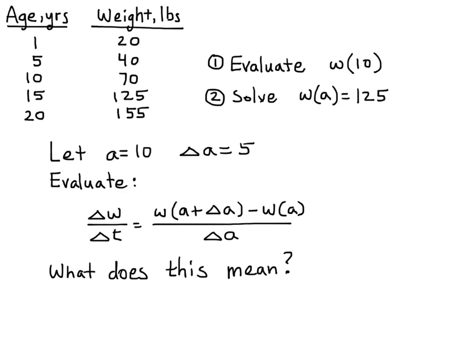So what does this mean when we say delta w over delta t? Well, if we look at a plus delta a, we're looking at a second value of the age. So if a is 10, delta a is 5, w at a plus delta a would be w at 15 then. And then w at a is 10, so that we would read as 70.